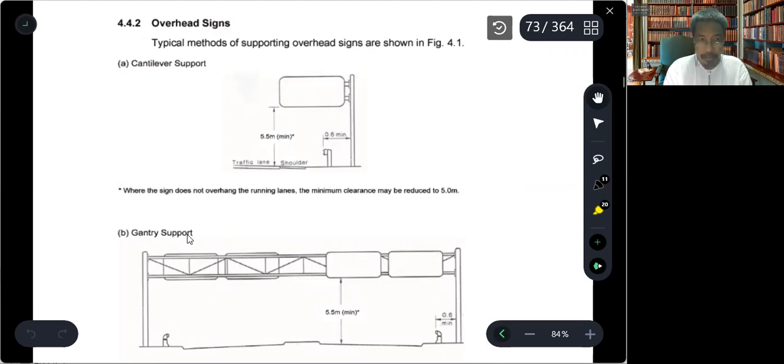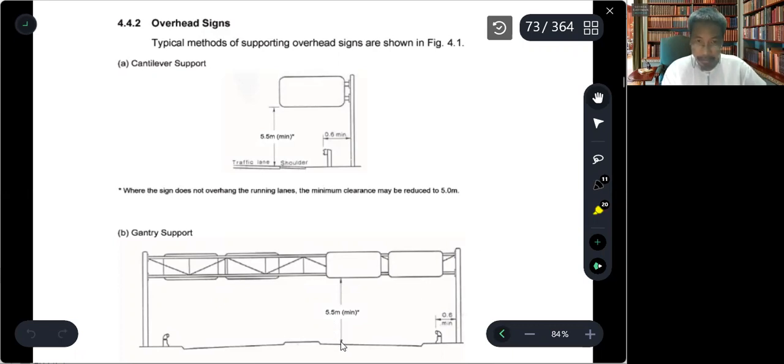For gantry support, it looks like this. There are two posts on either side of the road, then there are beam supports, usually steel. These are usually steel posts and steel beams.